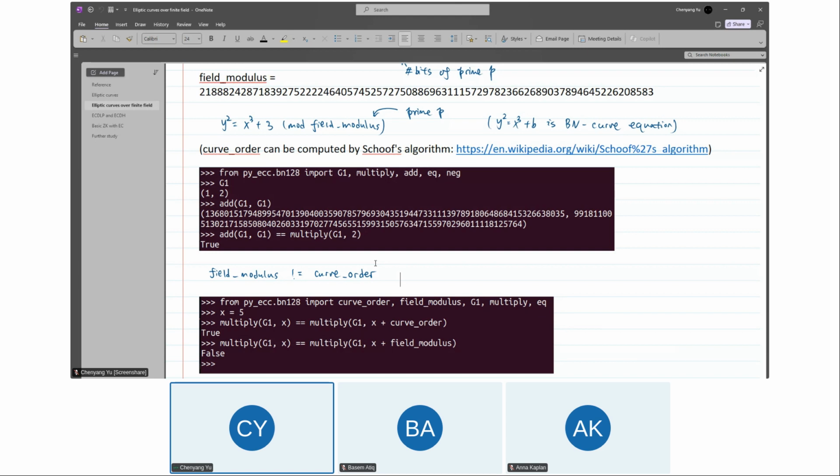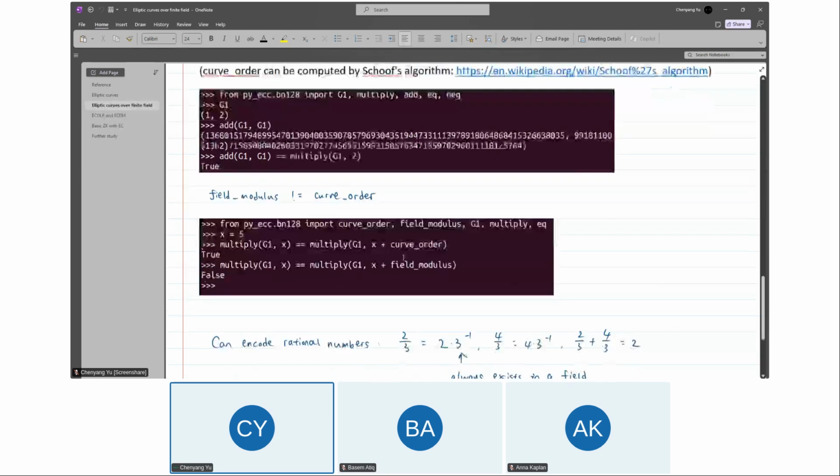You reach 19G, where G is a generator, then you add G to it and you get 20G. 20G is just capital O, that imaginary point, the identity. So curve order means once you reach the curve order, you wrap around one circle and go back to 0, and then you do the operations again.